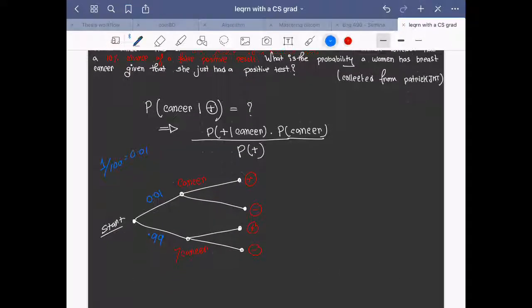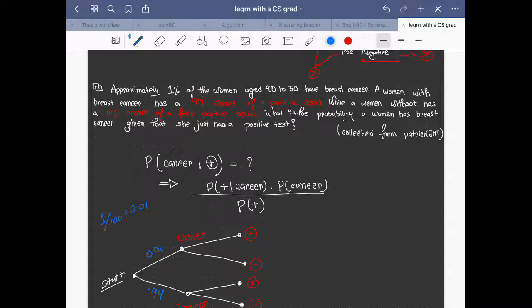According to the question, a woman with breast cancer has a 90% chance of a positive result. So this portion is where the person has cancer and there's a 90% chance of testing positive, so 0.90, and this would be 0.10.